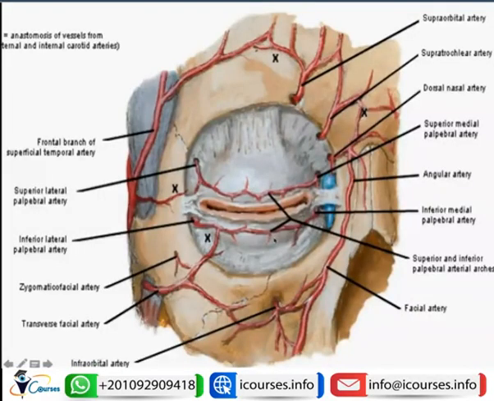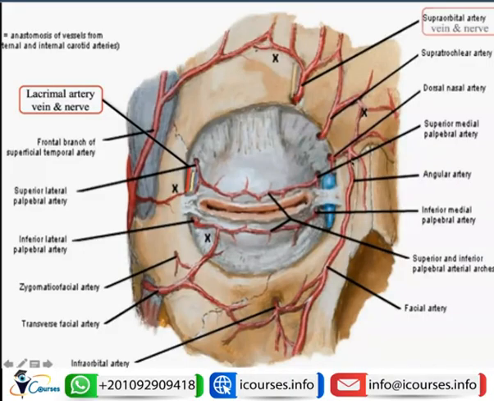So here we can see the three sets. We have the lacrimal nerve, artery, and vein, which perforate the orbital septum laterally. We have the supraorbital artery, vein, and nerve, and the supratrochlear artery, vein, and nerve. Then we have a specific artery, vein, and nerve. The specific artery is the dorsal nasal artery.